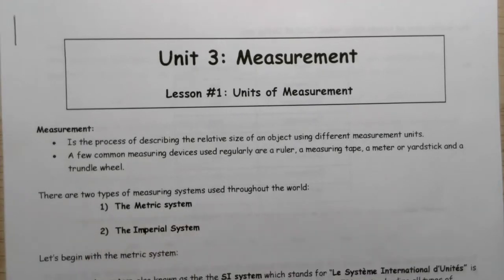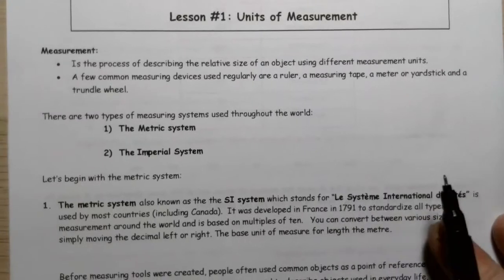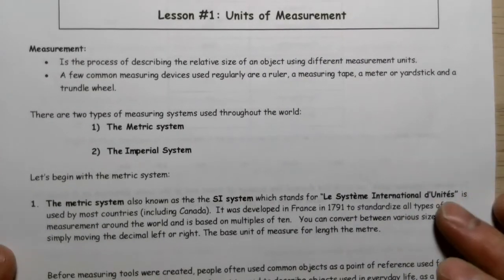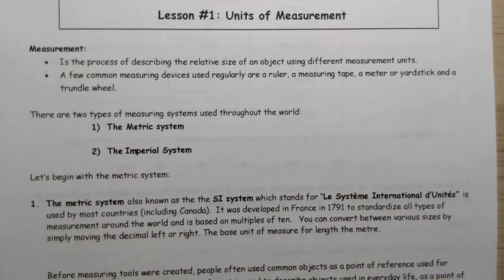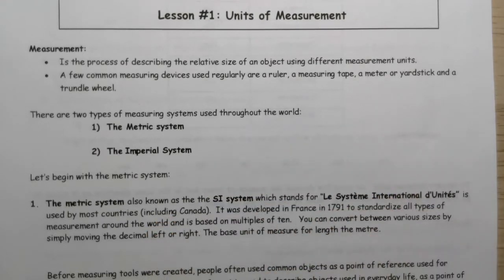Now, there are two types of measurement systems that are used throughout the world. We've got the metric system, which is primarily what we use in Canada, although we're making a transition because there's also the imperial system. So in terms of units, in the imperial system we talk about measuring distances in inches, feet, yards and miles, whereas in the metric system, we're going to use centimeters, meters, kilometers, and so on.